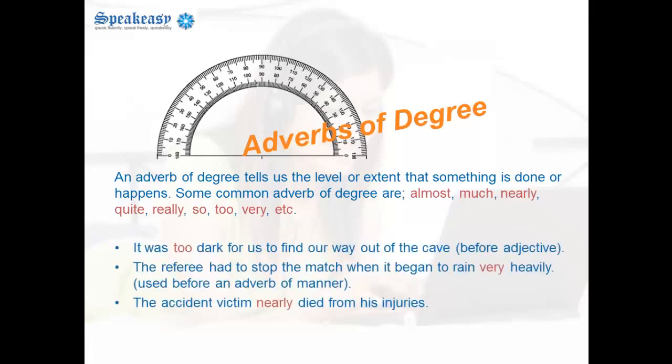It was too dark for us to find our way out of the cave. Notice here that the adverb is used before the adjective. The referee had to stop the match when it began to rain very heavily. Now notice here that very is used together with an adverb of manner, heavily. The accident victim nearly died from his injuries.